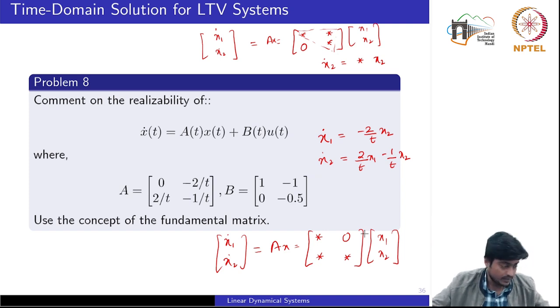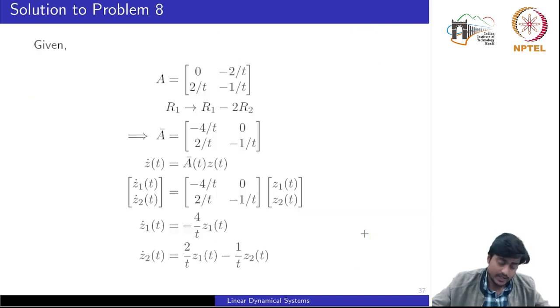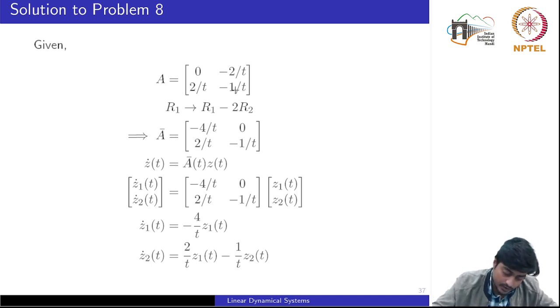Okay, so first we'll convert that A matrix into the form so that we can compute the fundamental solution. By doing this row operation on this A matrix, we obtain this A bar matrix, which is in that perfect form by using which we can compute the fundamental matrix and finally the state transition matrix.